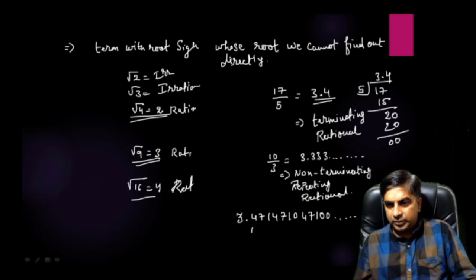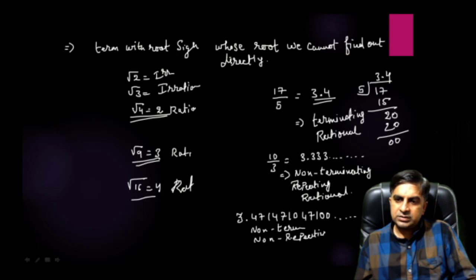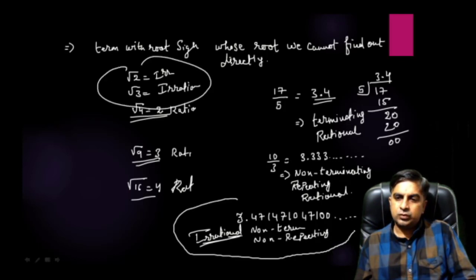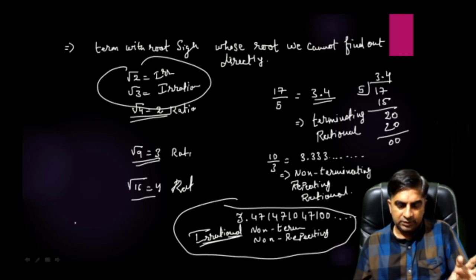This type of number, which is non-terminating and non-repeating, is irrational. So terms with roots of this kind, and these two types of numbers, are irrational. All others are rational.